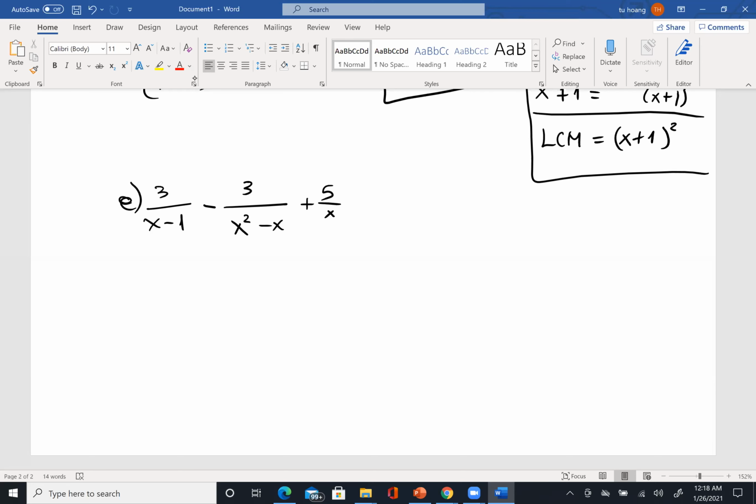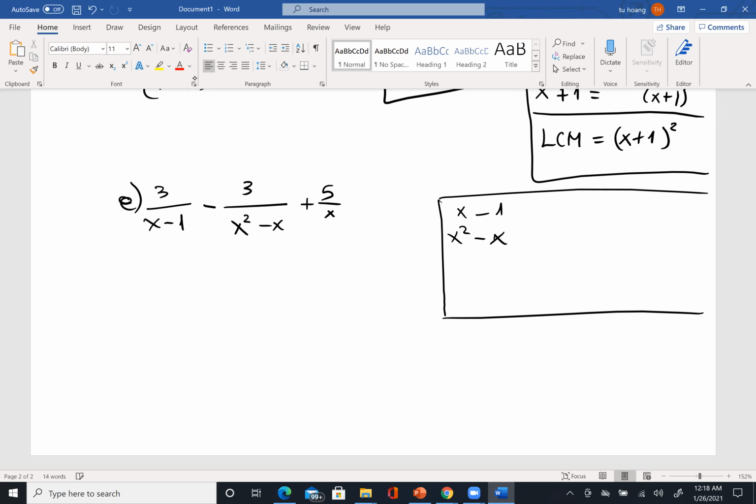Okay, now what? You have 3 denominators, right? Let's list out all those 3. I have x minus 1, I have x squared minus x, and I have x.